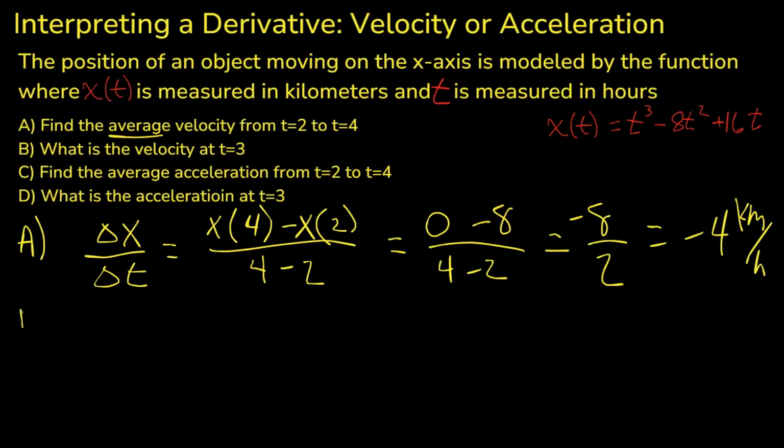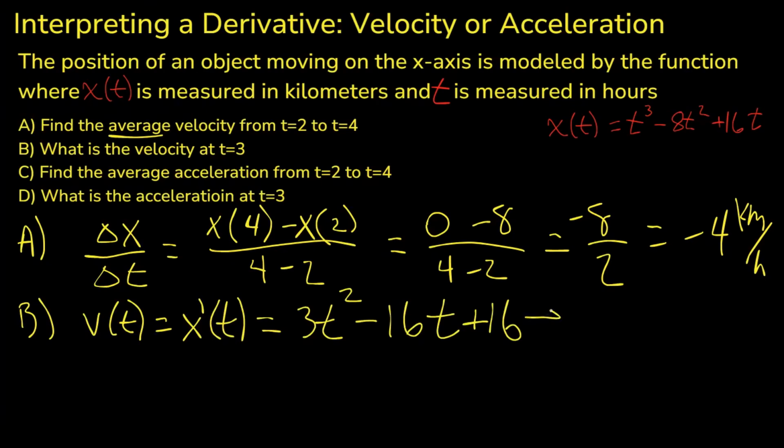Now, if we want the velocity at t equals 3, the velocity is equal to the derivative of the position function, and then we plug in 3 into the velocity function, you would get negative 5. The units here would be kilometers per hour.